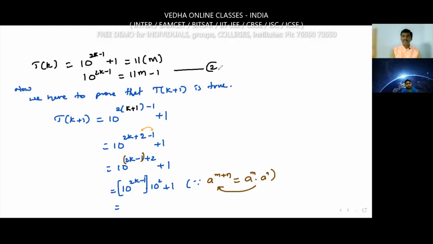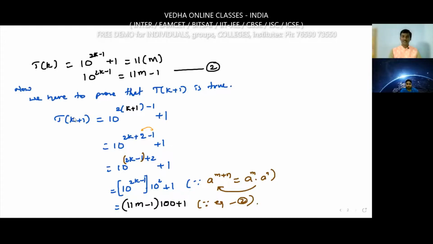Take it as equation number 2 and substitute this value here. So 11m minus 1 I am writing in place of 10 power 2k minus 1, and 10 square is 100, and plus 1 is as it is. How did we get this? This is from equation number 2. We substituted equation 2 here.